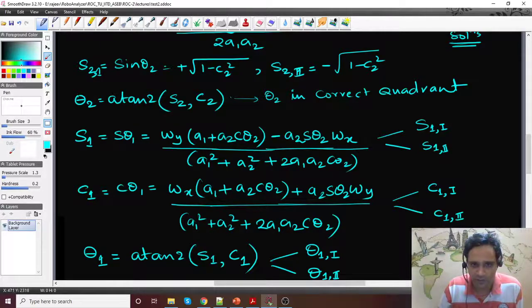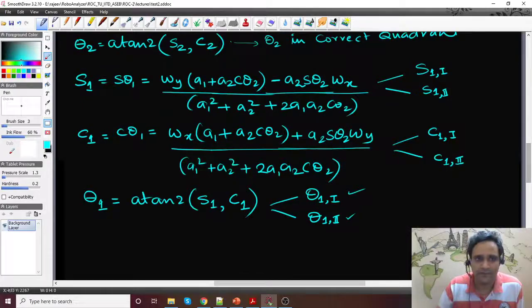Depending on s1 1 c1 1 you will get this, s1 2 c1 2 you will get this. That is how you will have theta 1 and theta 2 determined. Ultimately the third angle is theta 3. If you remember, the sum of the three angles theta 1 plus theta 2 plus theta 3 was phi. So we had the input as phi, so theta 3 is phi minus theta 1 minus theta 2.